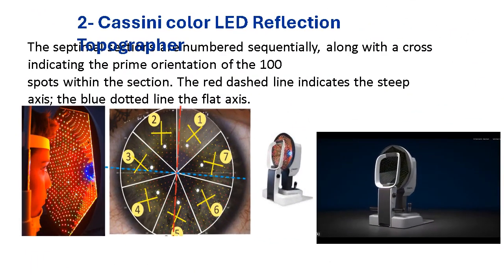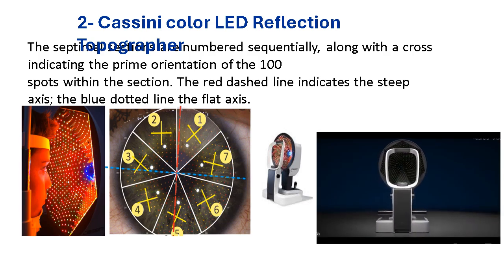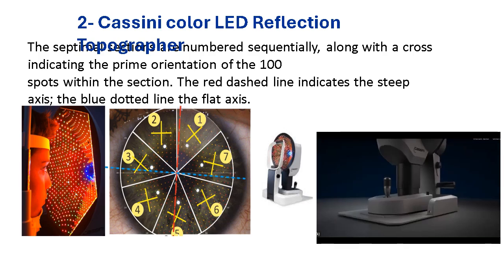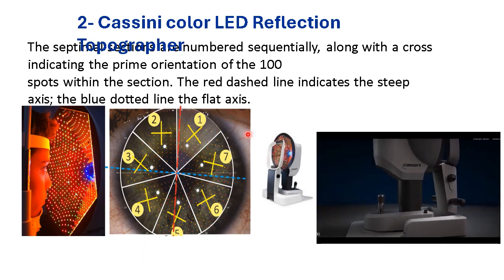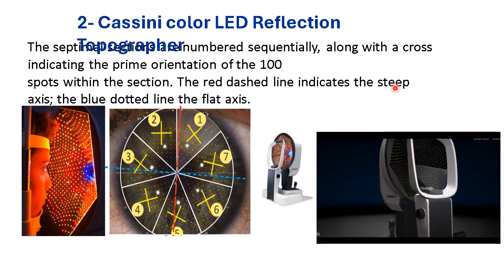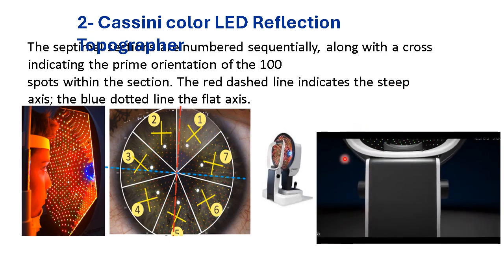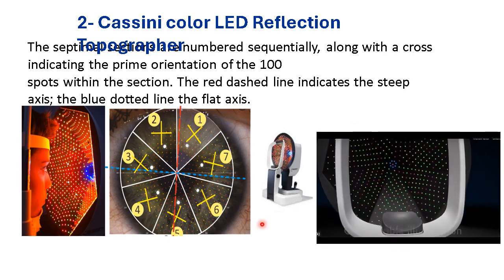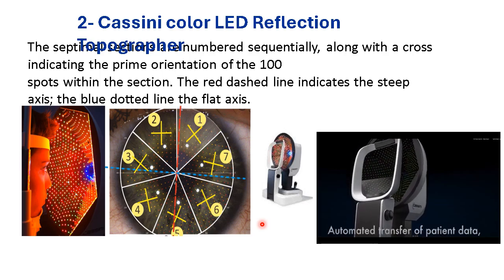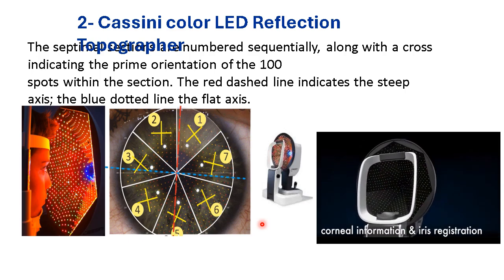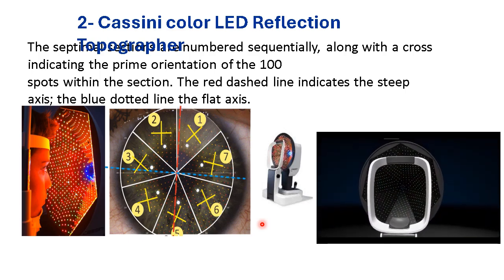Another type of corneal topographer is known as the LED reflection topographer, that's the Cassini corneal topographer. It is unlike the Placido disc-based corneal topographers, as it contains what's called a septimal ball that projects a series of colored LED lights that get pictured on the cornea, and the device will analyze the reflection from these LED lights by the process of ray tracing, not by ordinary reflection as in a Placido disc.